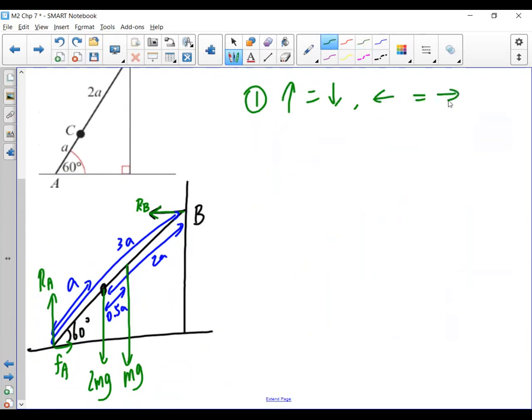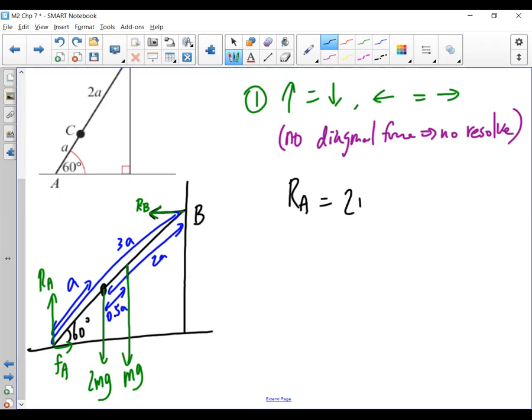There are no forces that are diagonal, so perfect. So no diagonal force, so no resolving. You don't have to write it, just for reference. So up equals down. What forces are pointing upwards? RA. So RA equals the downward forces, 2Mg plus Mg.